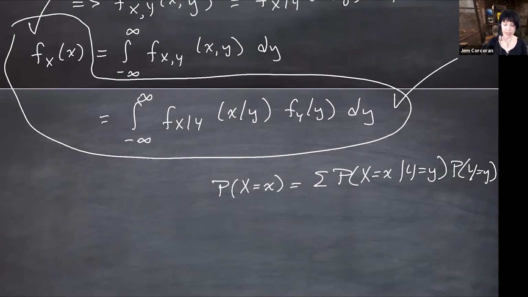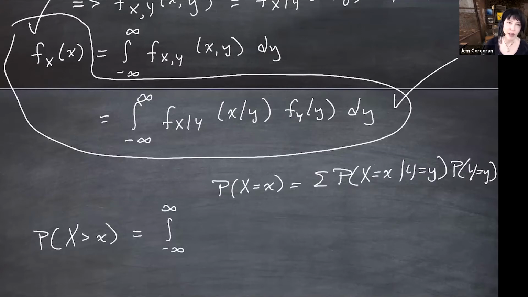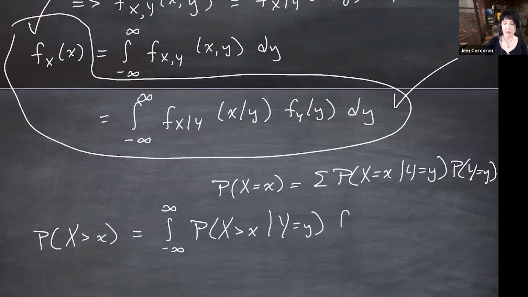If you want to compute, say, a probability that X is greater than x, or some kind of probability involving X, and it's easier for you to bring Y into the problem, this is just going to be the integral from minus infinity to infinity, which may get restricted depending on the values Y can take on, of the probability that X is greater than x, given Y equals y, times the PDF for Y, integrated over y.